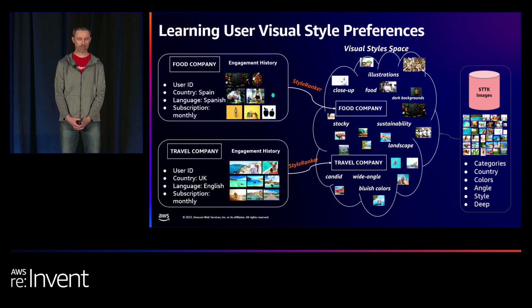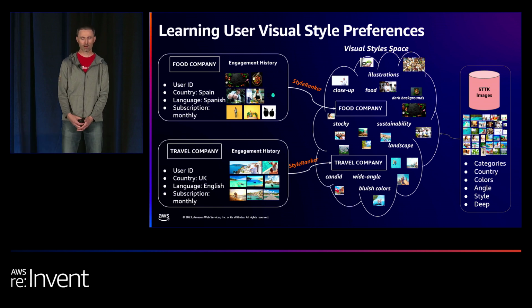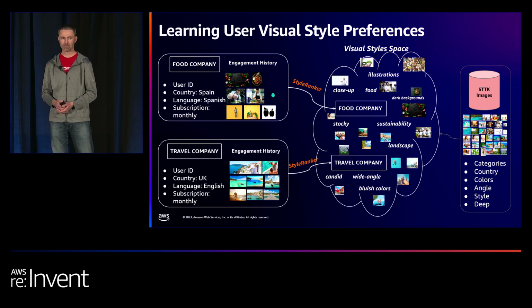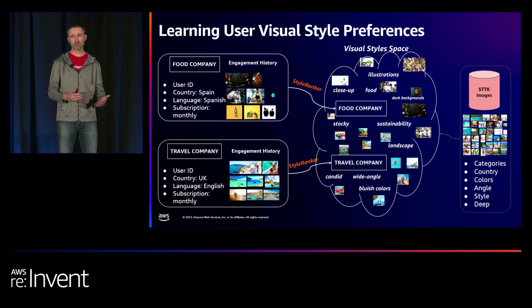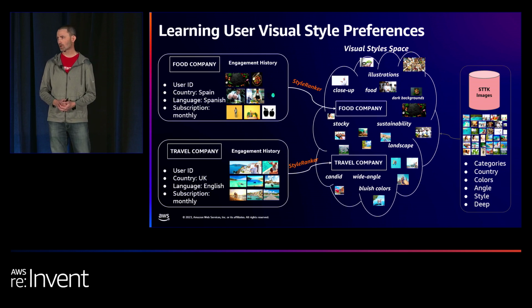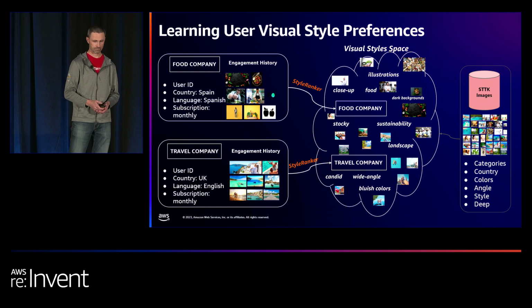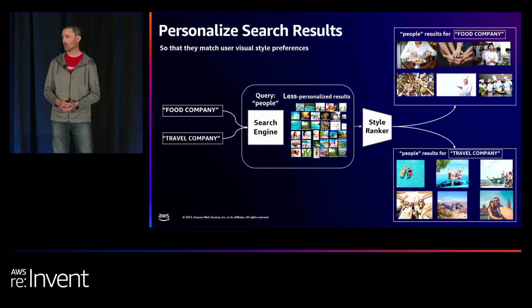Based on the features of the images the user engaged with, StyleRanker learns how to represent users and images in this visual space. In there, elements with similar styles are embedded closely. So basically, we can compute affinity scores for all of our users, as well as its relationship to the content in our catalog. And here's the application in our search results.